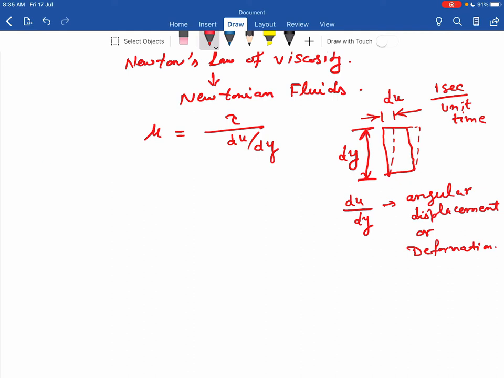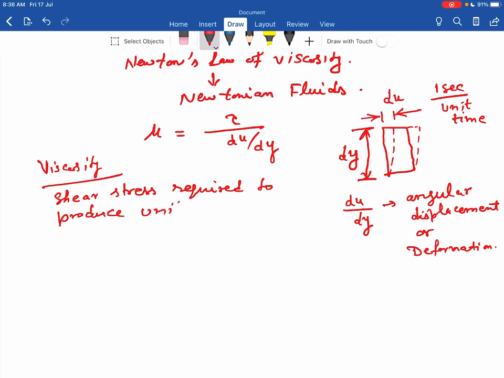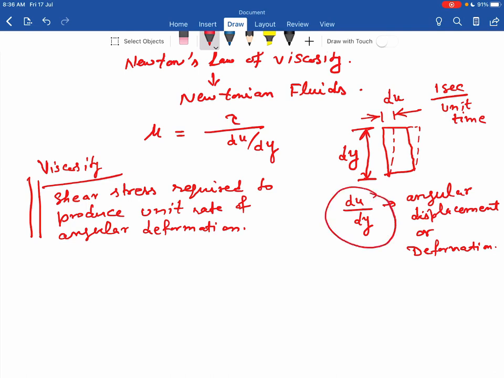Viscosity can be defined as the shear stress required to produce a unit rate of angular deformation. So that is mu.